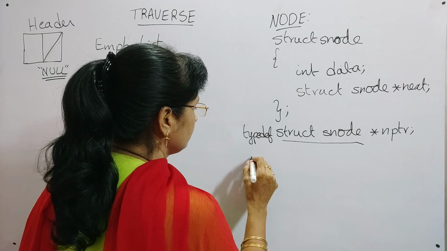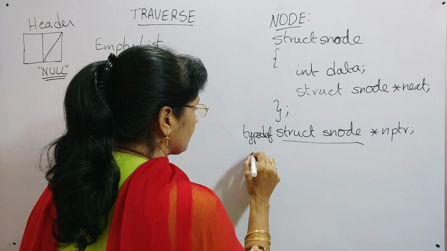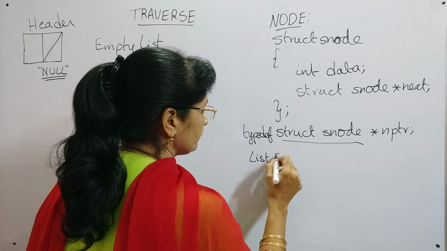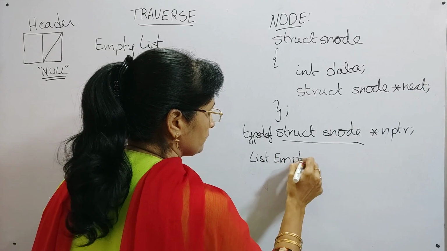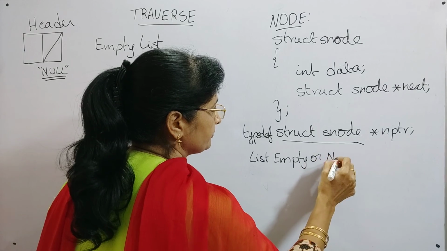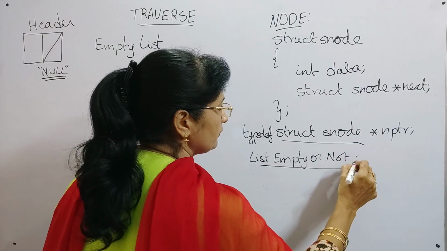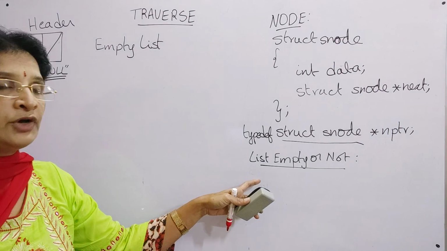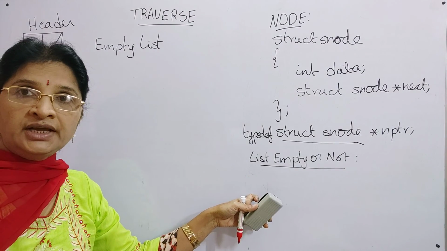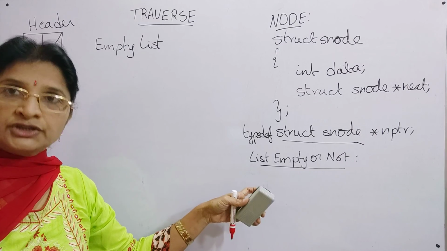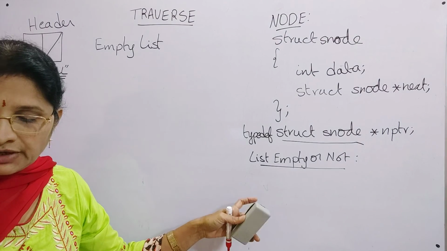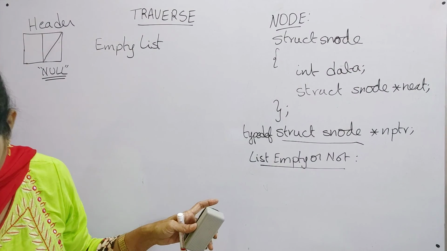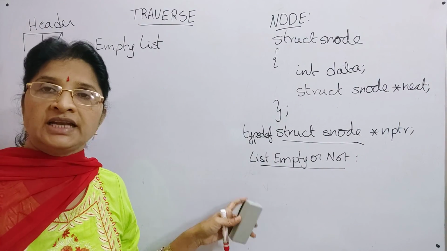So this is a function for checking whether the list is empty or not. Suppose the function returns 1, that is true, if the list is empty.